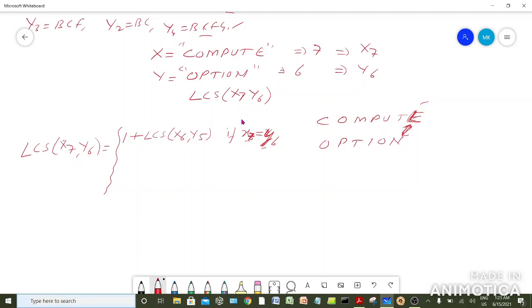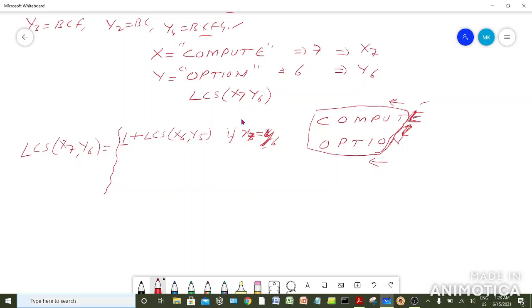Okay, fine. So this one is for that match, and the rest of the length will be equal to the LCS of this one. What we did is decrease the length of X by 1 and also the length of Y by 1.